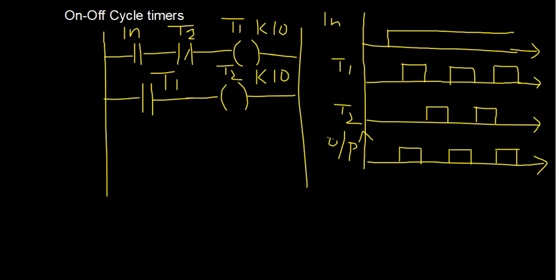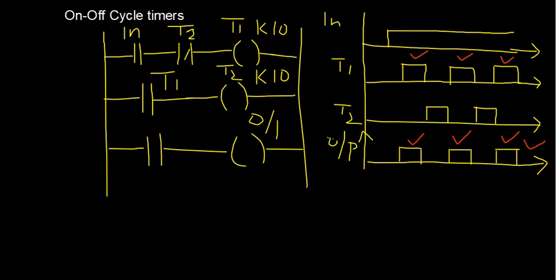Then now your output, if you look at the output here, this output will follow the output of your timer T1, as you can see here. So as long as the output follows the timer T1, the third rung should include your output and the contacts of the timer T1.